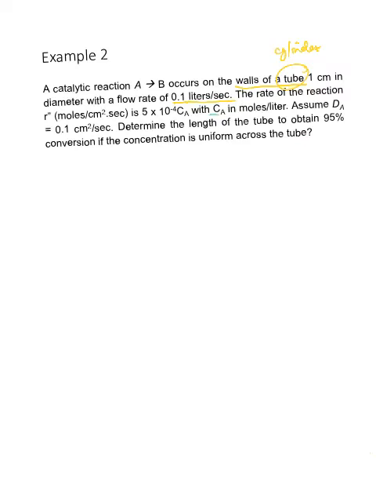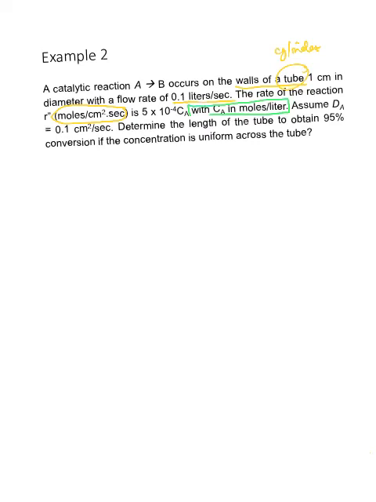So you need to be careful with the unit. The unit of R, the rate of reaction at the surface, is mole per centimeter square second, but the unit of concentration is in moles per liter. So later when you are doing the calculation, we need to standardize the unit.